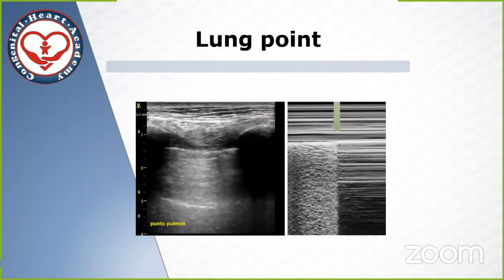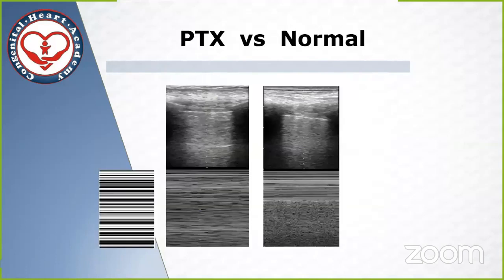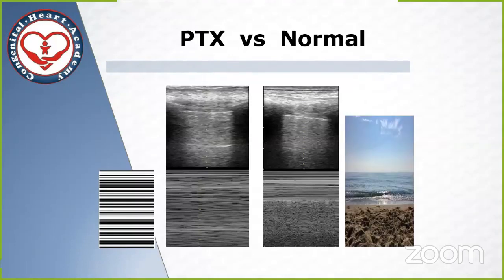And here you can see exactly where it changed, from the area of pneumothorax, changing from the seashore to the barcode. So barcode versus seashore is a relatively easy way to diagnose pneumothorax in our patient population.